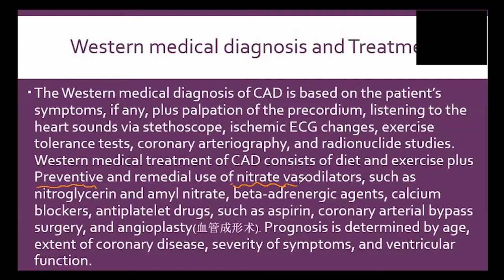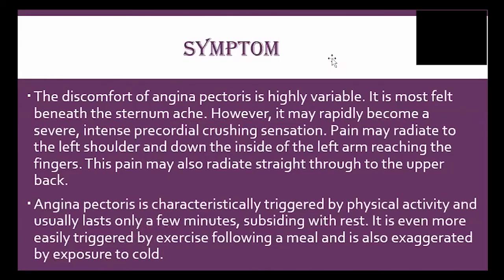That can dilate the blood vessels. We say the blood vessel is partly blocked there. Now we dilate it and make the blood vessel bigger, then the blood can pass through pretty easily.